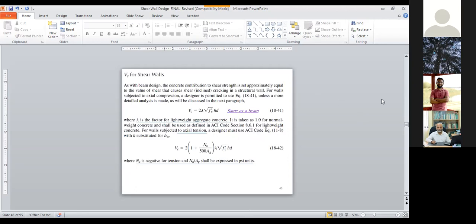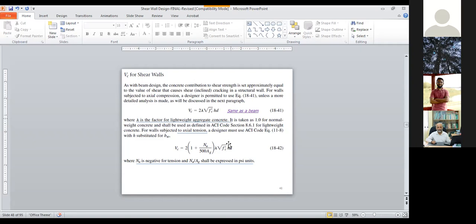And how much shear force will be taken by the shear wall? This is very similar to the equation that we used for calculation of the beam shear. If you can remember, this lambda is the lightweight factor. This will be 1 if you use normal concrete. I think you can remember 2 square root of f prime c.